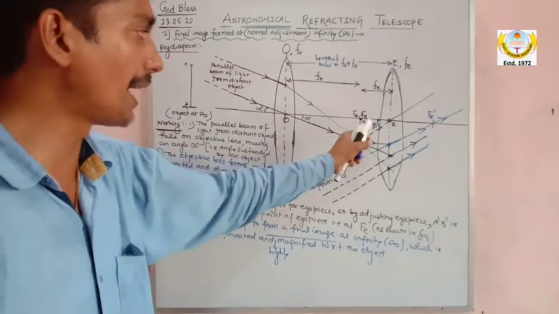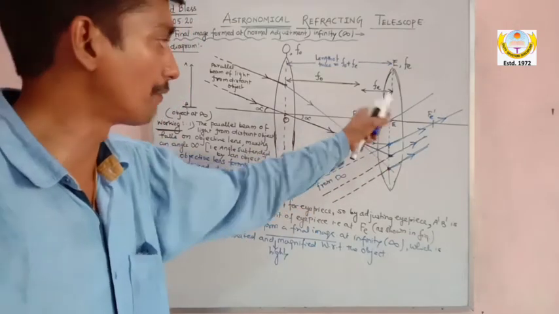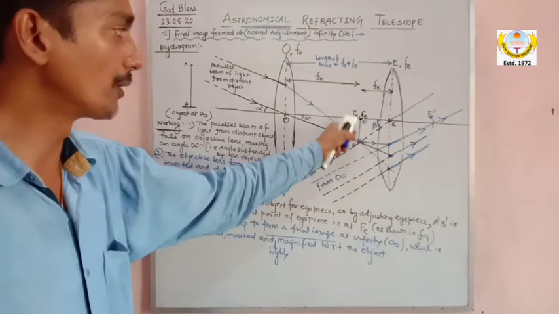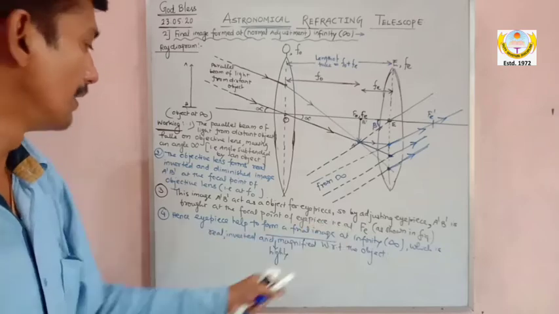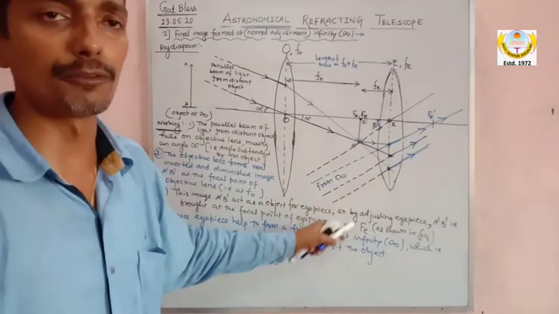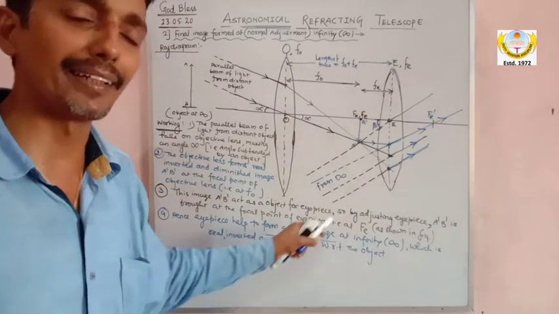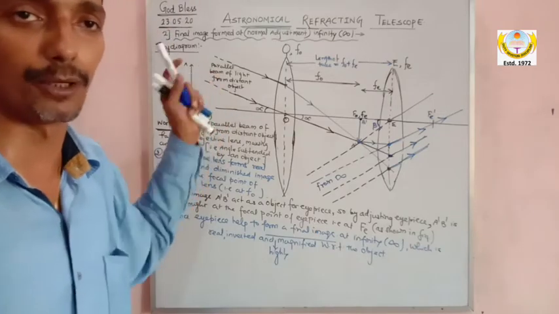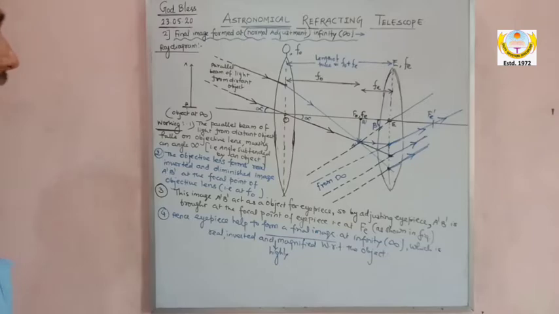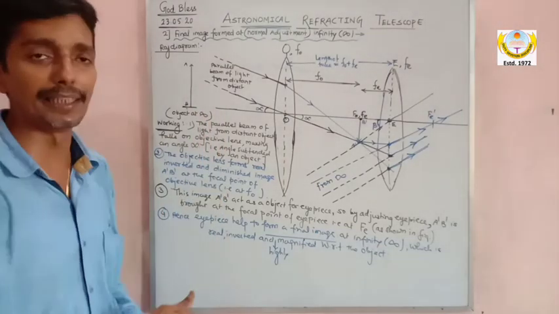So I adjusted eyepiece and I brought A dash B dash at the focal point of eyepiece. Here you can see the diagram FO and FE at the same point. Am I clear? And then eyepieces help us to form the final image at infinity, which is real, inverted, and highly magnified with respect to the object. So this is, my dear, a working process of the final image at infinity.